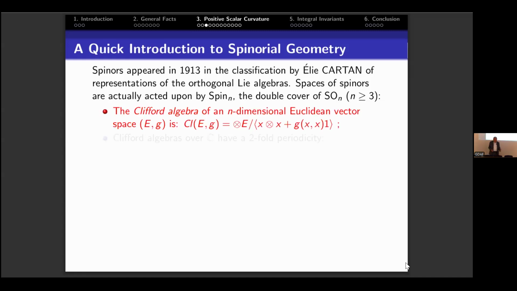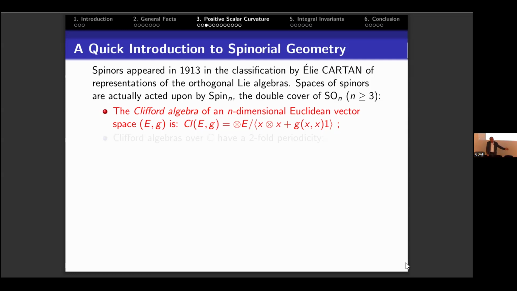And then, of course, the way to construct spinors today, rather than using what Élie Cartan has done, is to do the following construction. So you start with a vector space of dimension n, and you put a metric on it, and then you create the Clifford algebra. The Clifford algebra is very simple.